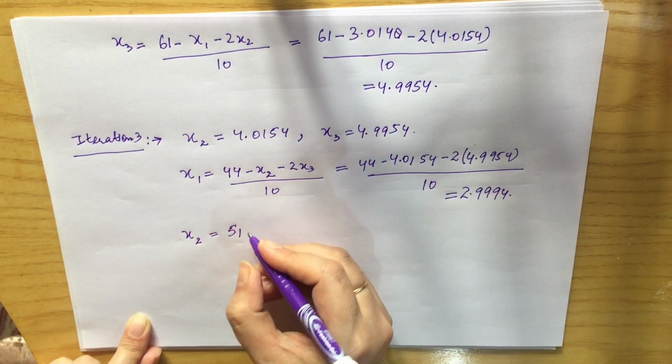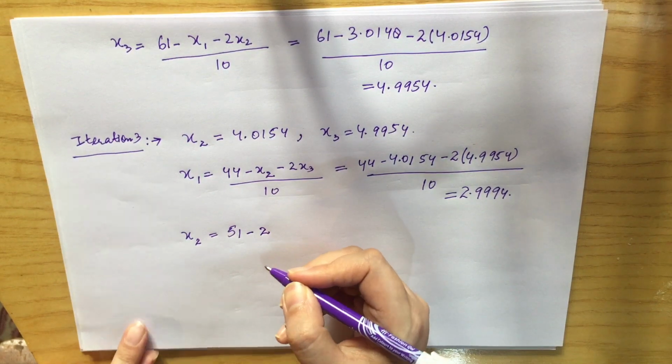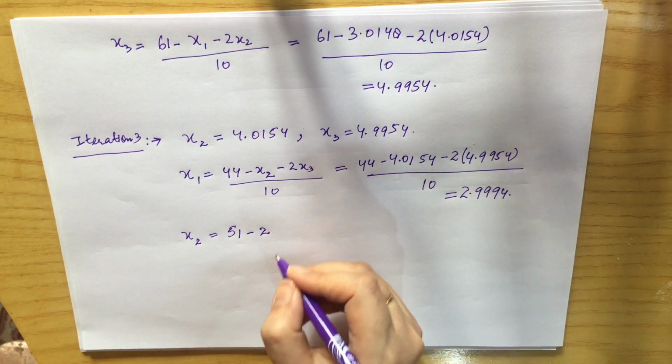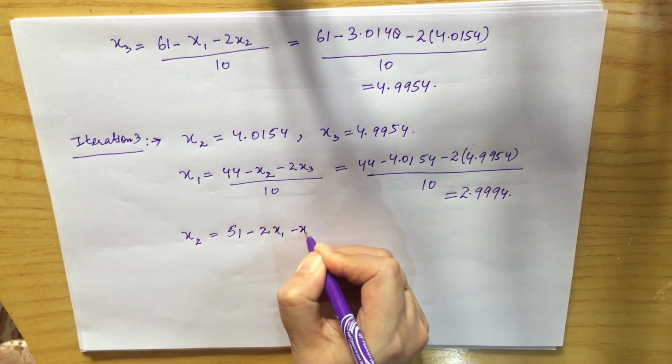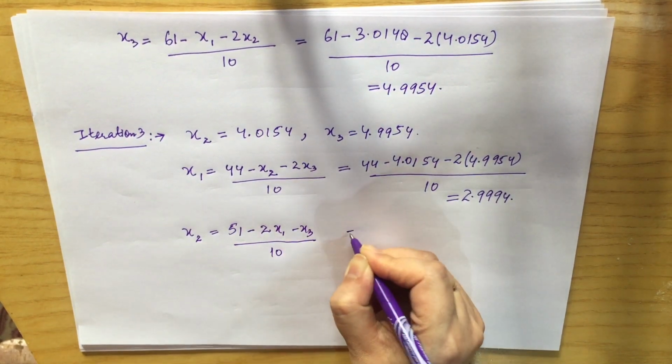The equation of x2 is (51 minus 2 into x1 minus x3) whole divided by 10. So you have to put the values in it.